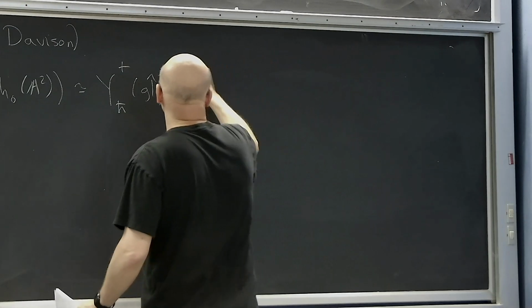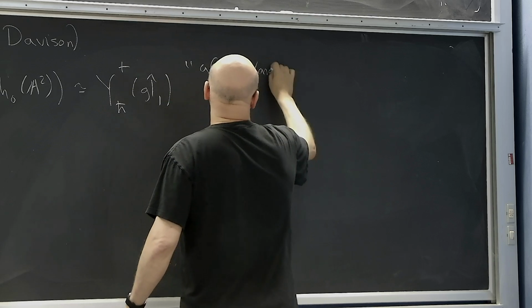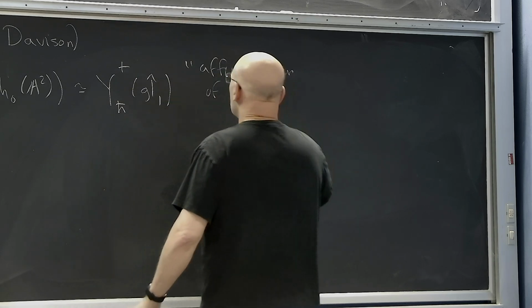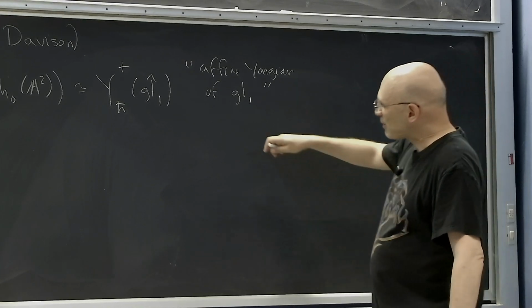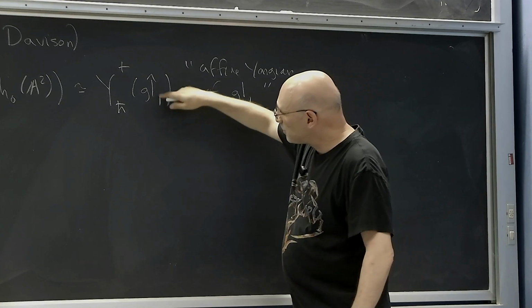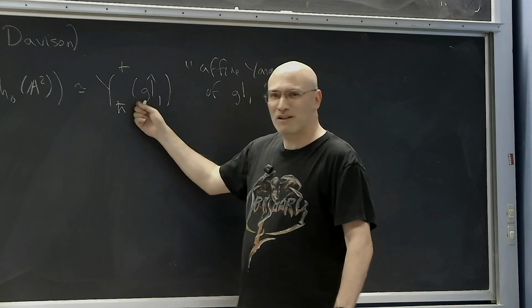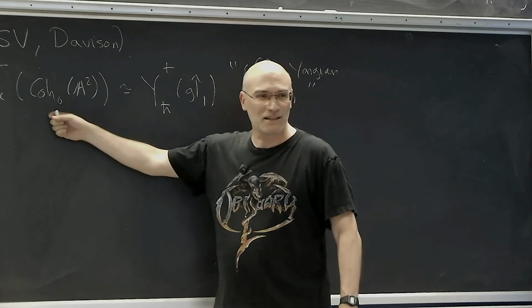So this thing is the affine Yangian of GL1. Well, you have to be a little bit careful. This is almost a definition of this thing through the computation of this Coha, okay?